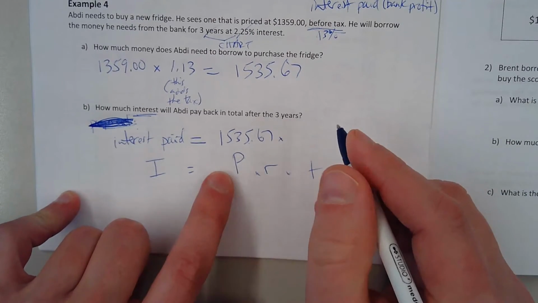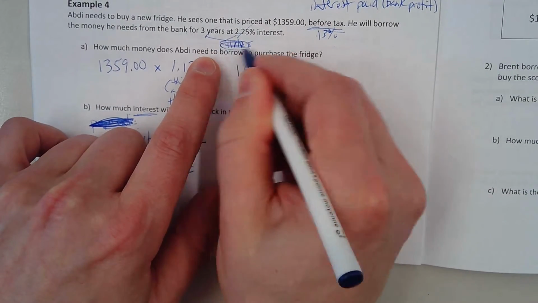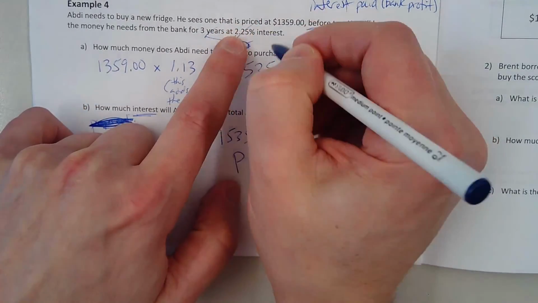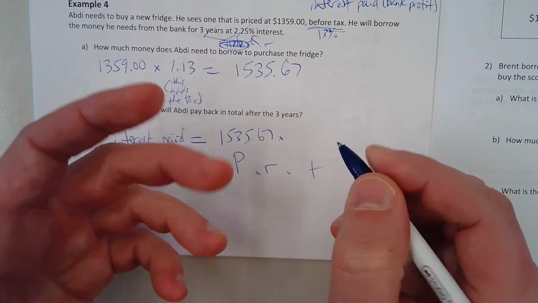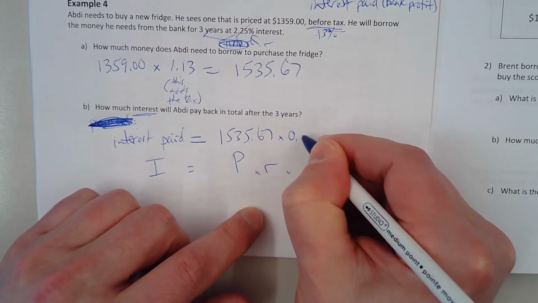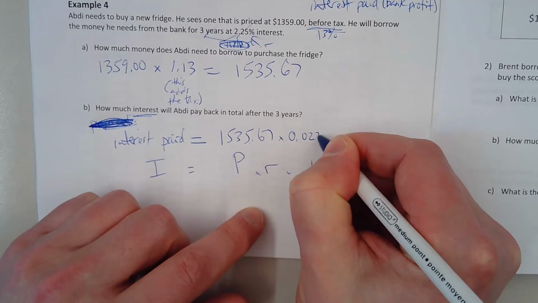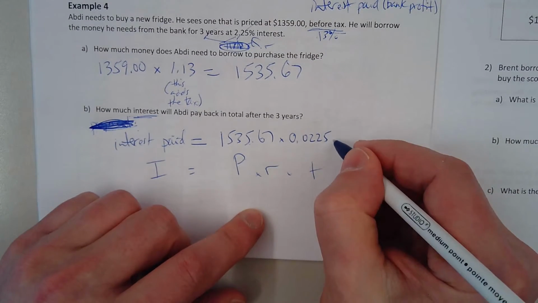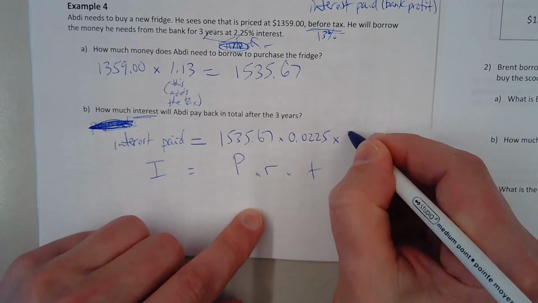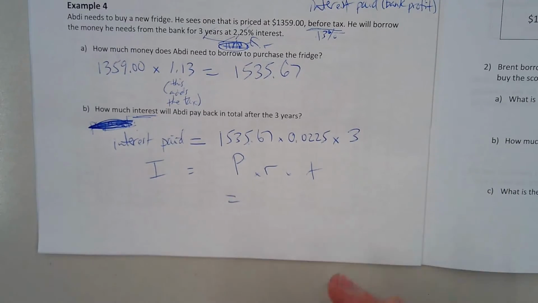What's my rate? 2.25. Okay, so that's my R there. Good. So how do I express that as a decimal? 0.0225. And how many years? 3. Okay, so then we can just punch that in.